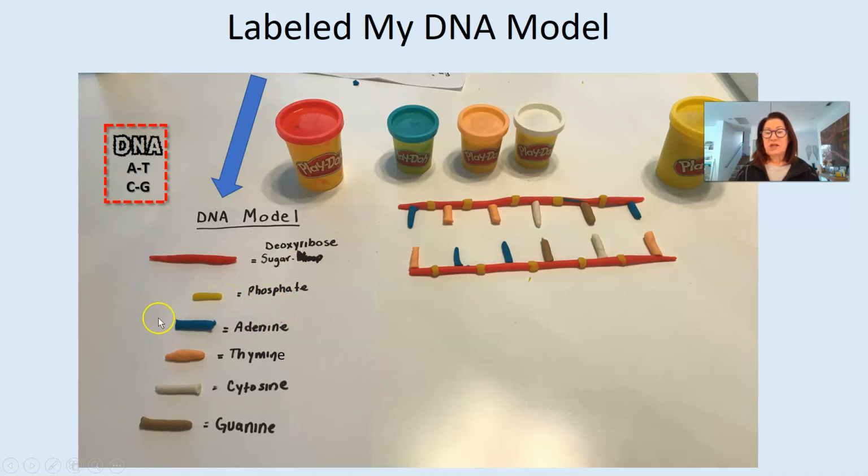I used this blue for A or adenine. I used this peachy color for thymine or T. Cytosine, I used the white. And then guanine, I used a brown. So this is kind of like my key, because you know how I like everything to be labeled. Okay, next.